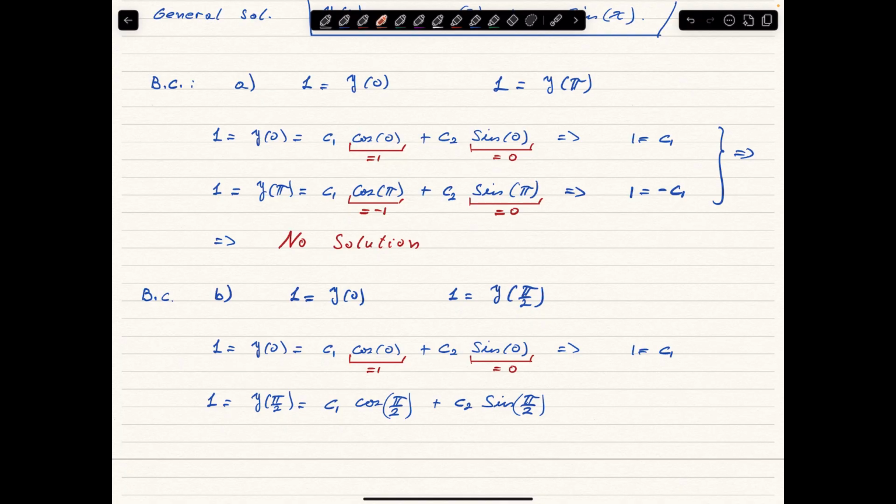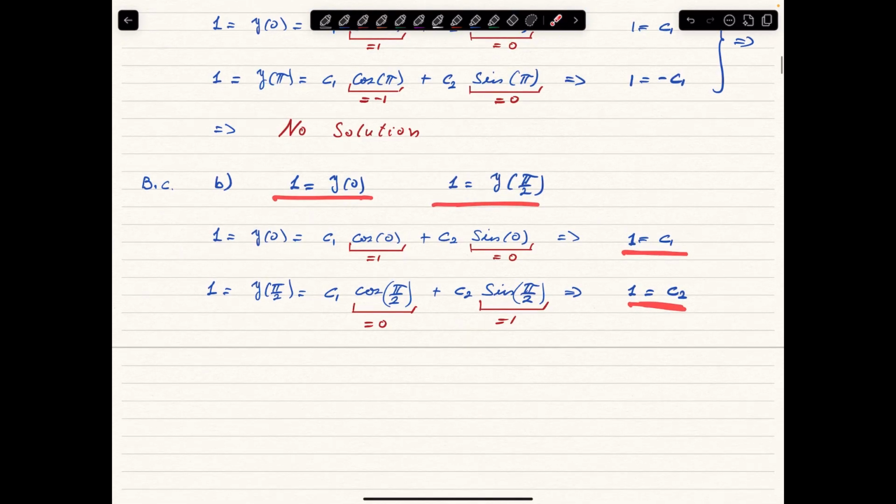And now what happens is the following. This number here is actually 1, and this number here is actually 0. So we are fixing or determining, let's put it like this, the other constant now, which is C2. So you see we have one value for C1 from one condition, and one value for C2 from the other condition.